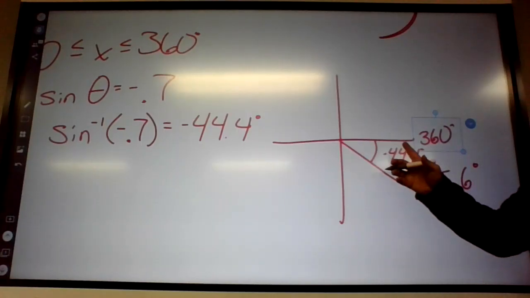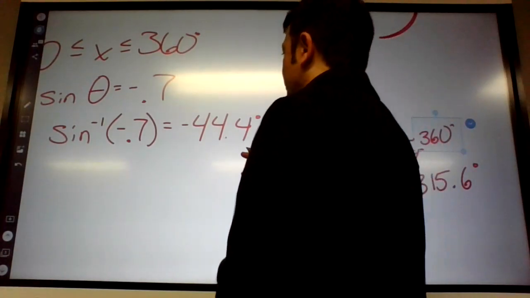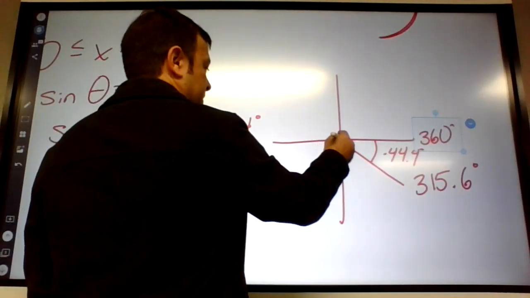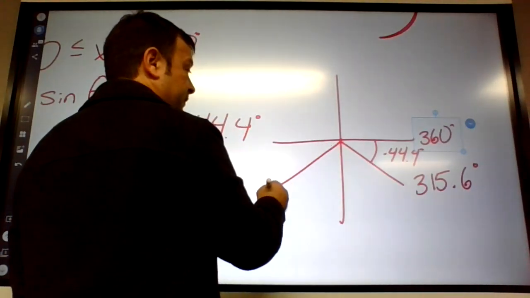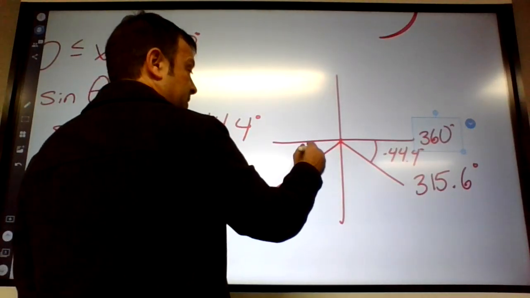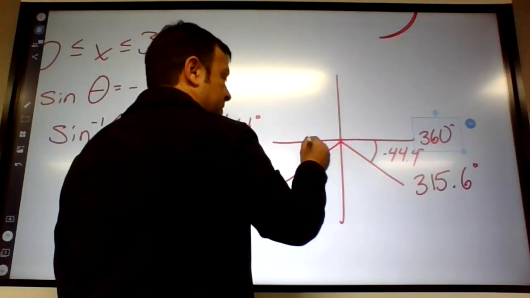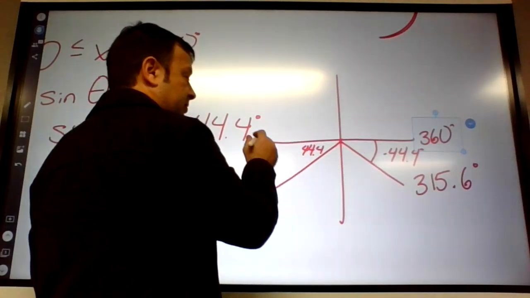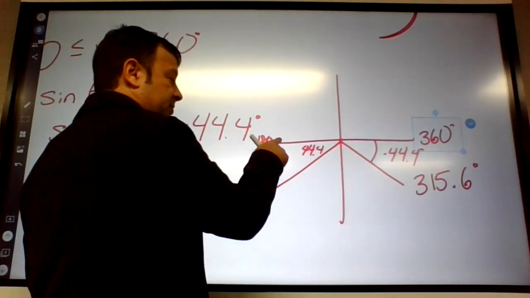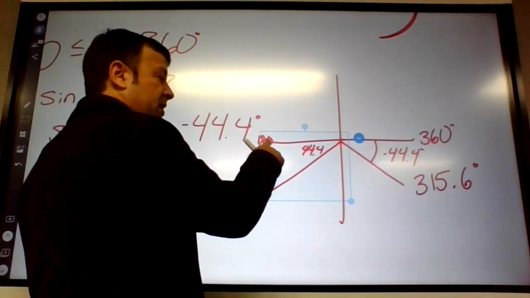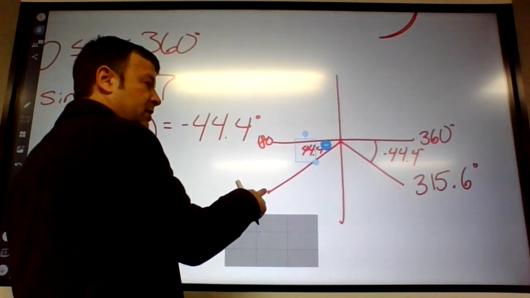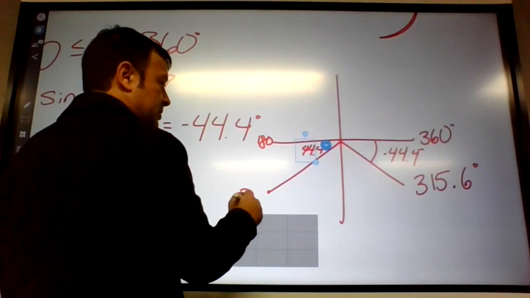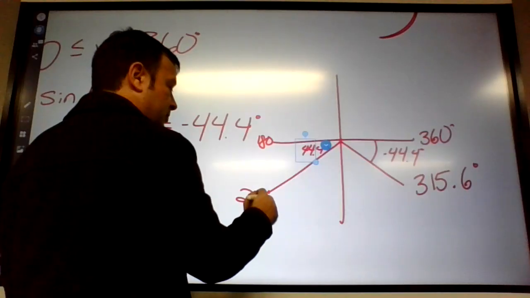Okay, and sine will also equal negative 0.7 in the third quadrant. And 44.4 is basically our reference angle. So this is 180, so this angle will be 180 plus 44.4. That'll give us this one. So that would be 224.4.